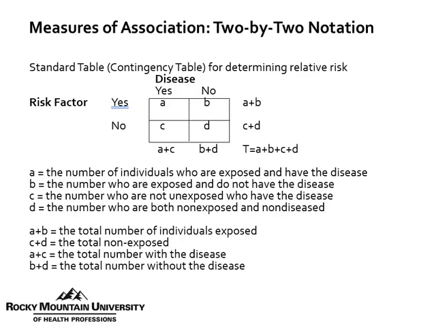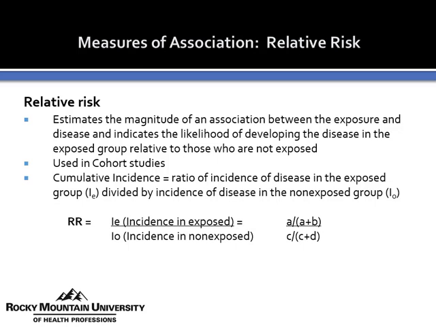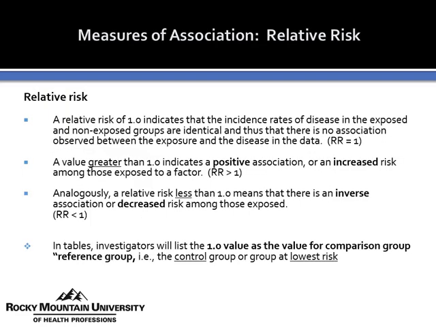Here is the way we could do the math, 2x2 table. Now, a lot easier to do things using OpenEpi or using something like SPSS. But if you wanted to do the math, this is the way you would do it. So here's the relative risk, again, used in cohort studies. Relative risk, you can see the math there.